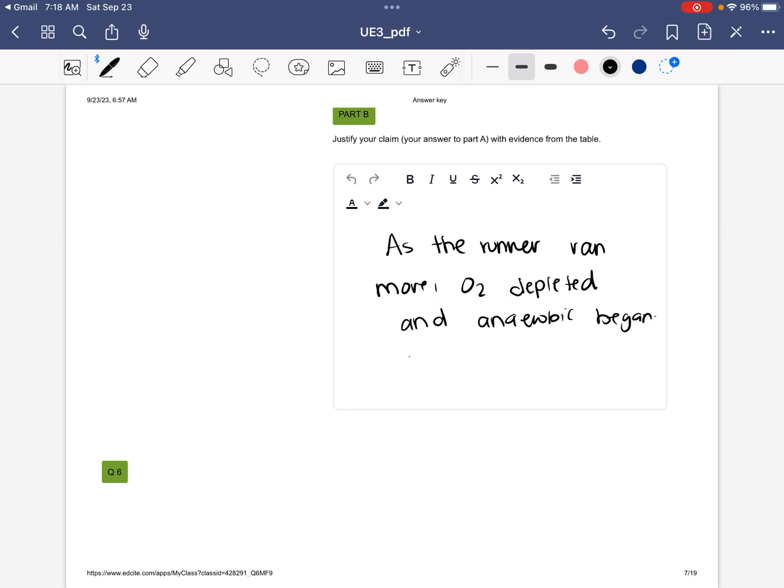So we know that anaerobic equals no oxygen and lactic acid. Anything along those lines telling me that oxygen was reduced and lactic acid was produced would have given you the credit.